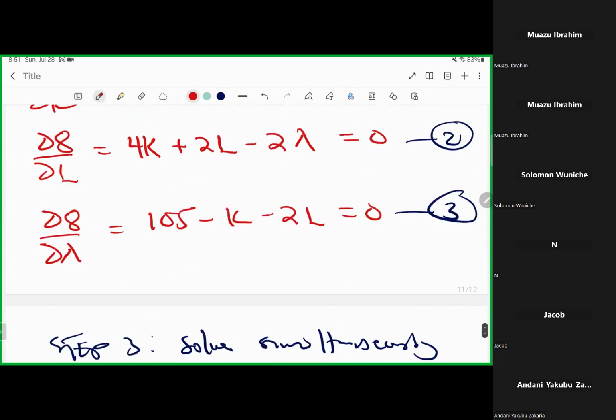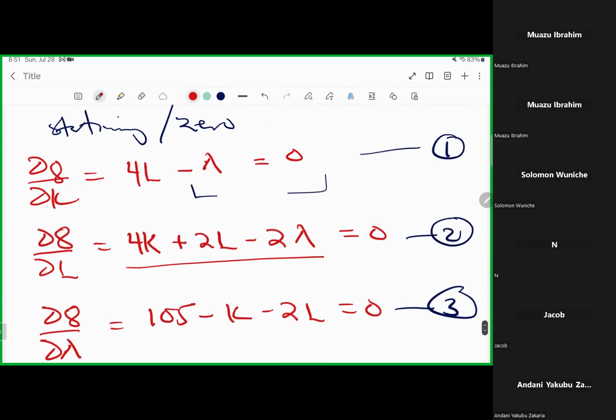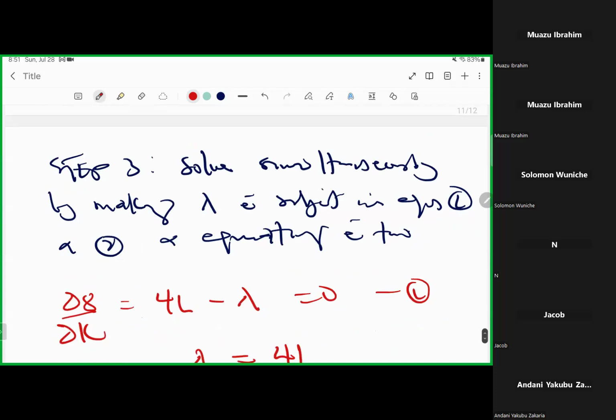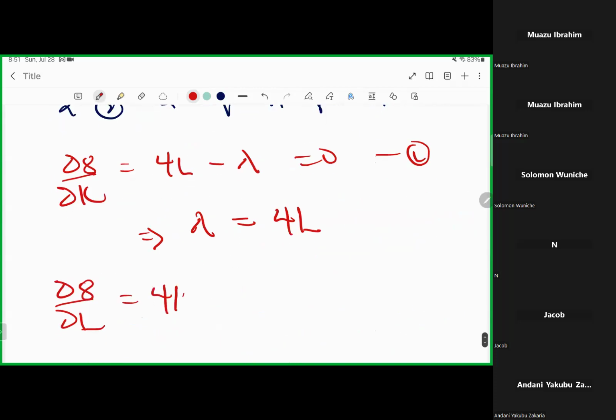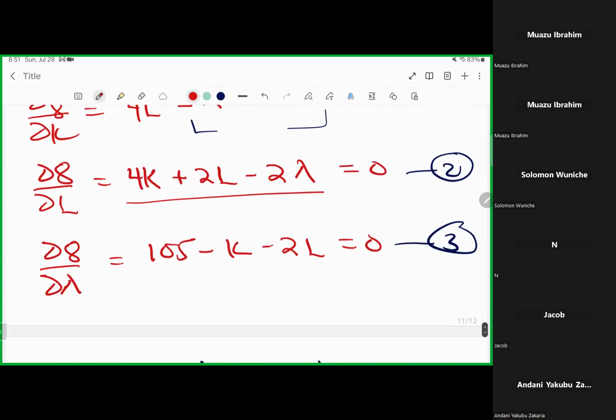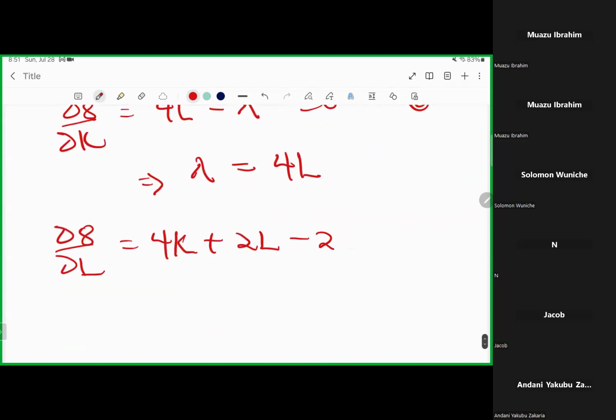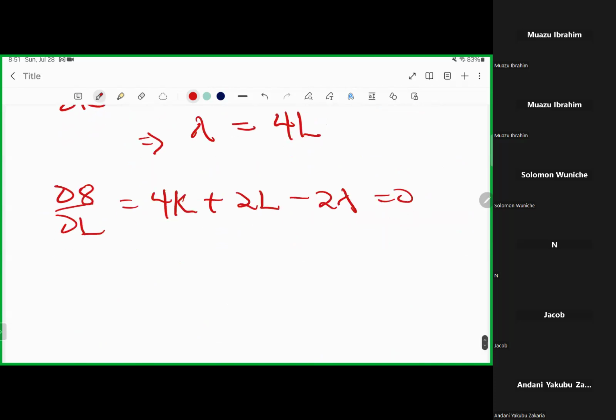And equation 2 is this one: 4K plus 2L minus 2 lambda is equal to 0. So let's make lambda the subject. This one can just cross, so it will be 4K plus 2L is equal to 2 lambda.